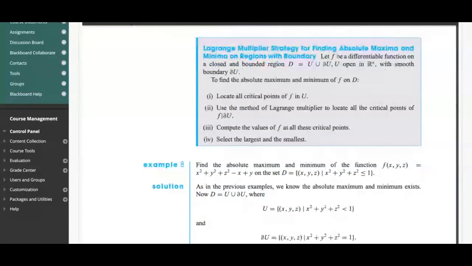So f is a differentiable function on the closed and bounded region D, which means D has an open set part and a boundary part. And smooth means the function is differentiable, all right? Smooth. There's no cusp, no corner. So the function is differentiable at all points. That's what smooth means.